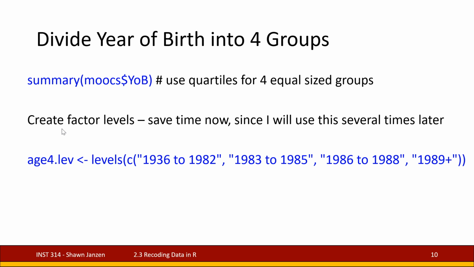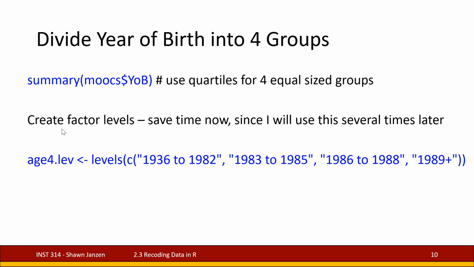So we're going to use the YOB variable, which is year of birth. What I'm doing is I've run a summary function on mooks$YOB in order to find the quartile values, to find out at what ages we have. And we're going to split age into 4. Instead of saying year by year, we're going to make it into 4 age groups. What you don't see on this screen are the actual years where I made the cut points, but you can see them down below in the levels function.